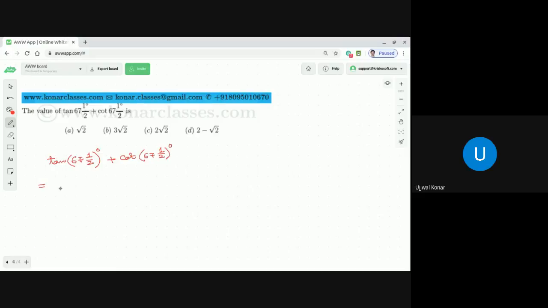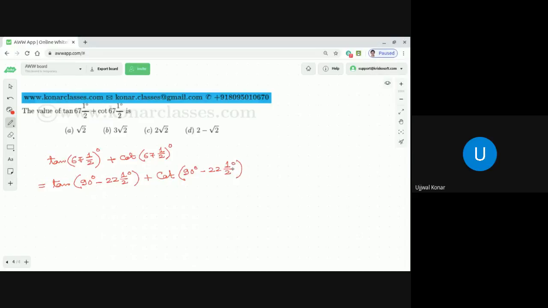And that is equal to, we can write tan 67.5 degree as tan of 90 degree minus 22.5 degree plus cot of 90 degree minus 22.5 degree.